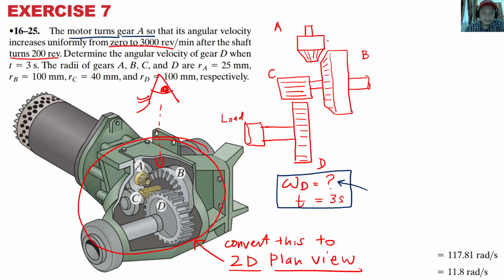Radius A is 25 mm. Radius B is 100 mm. Radius C is 40 mm. Radius D is actually 100 mm.